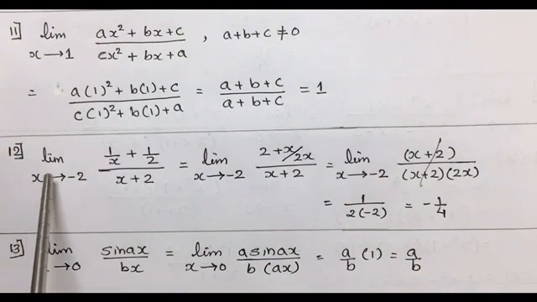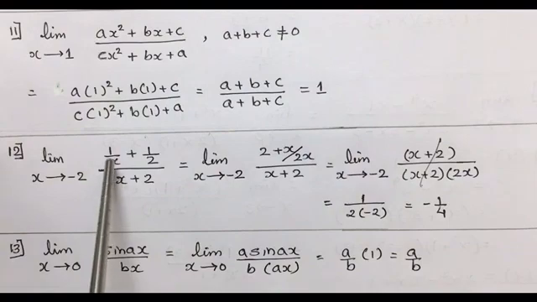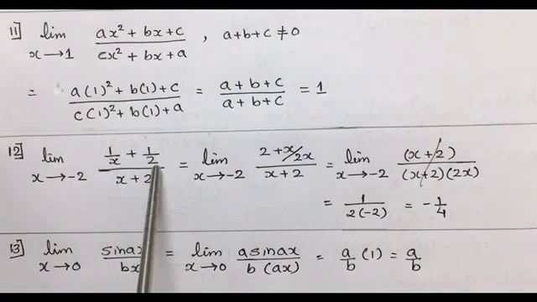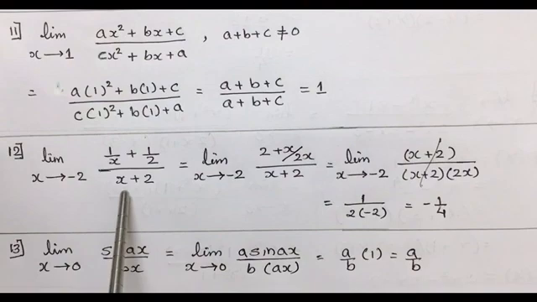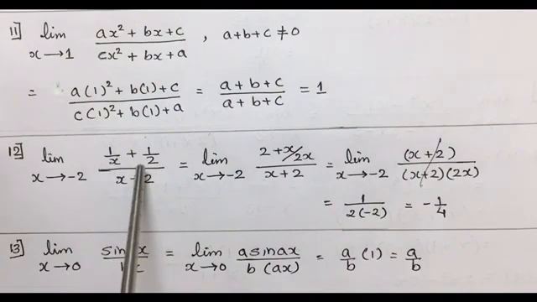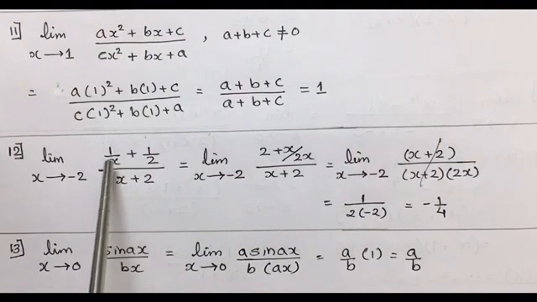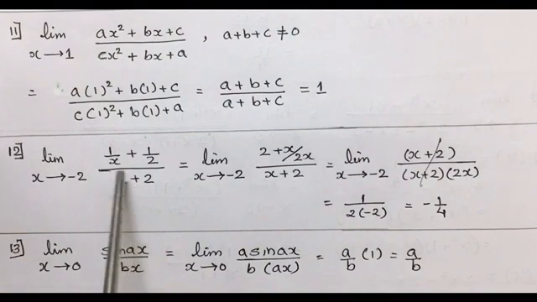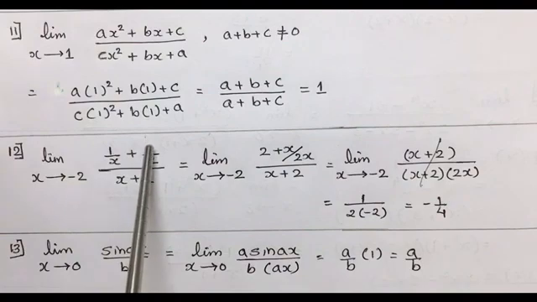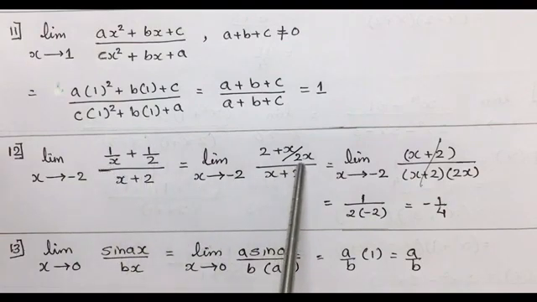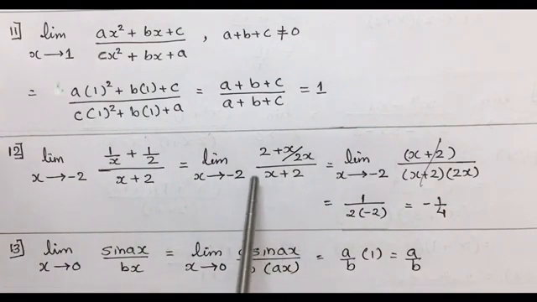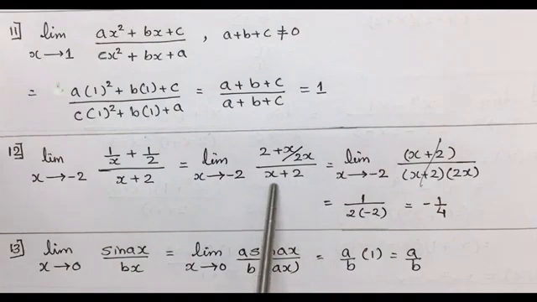12th example is limit x tends to minus 2, 1 upon x plus 1 upon 2 divided by x plus 2. To solve this, in the numerator taking the LCM, it becomes 2 plus x whole divided by 2x, divided by x plus 2.